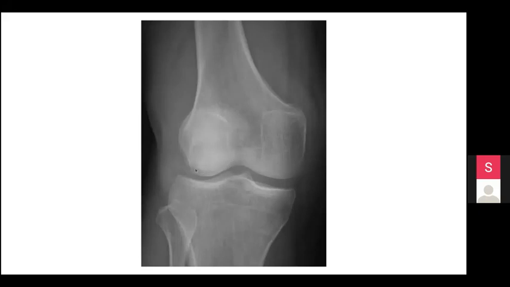What is that? Is that the patella? Hypoplastic lateral femoral condyle, sir. No, I don't think hypoplastic lateral femoral condyle gives you double joint lines like that.